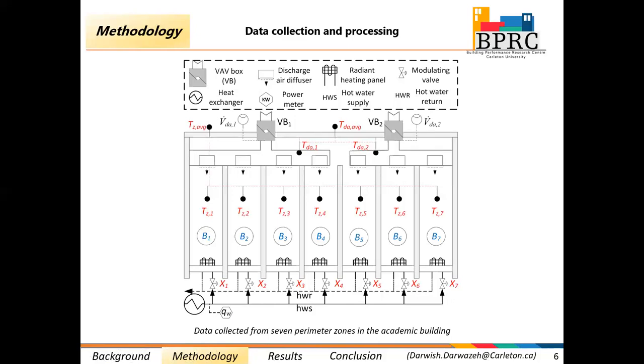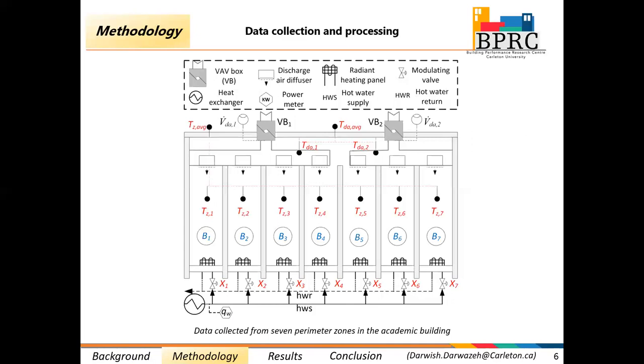Now virtual meters are developed to estimate the heat added by the radiant heaters in these 7 zones by applying 3 inverse modeling approaches. First, a steady-state gray box modeling approach that assumes that energy is not stored within the zone. And the second approach is a transient gray box modeling approach that accounts for the thermal mass of the zone.